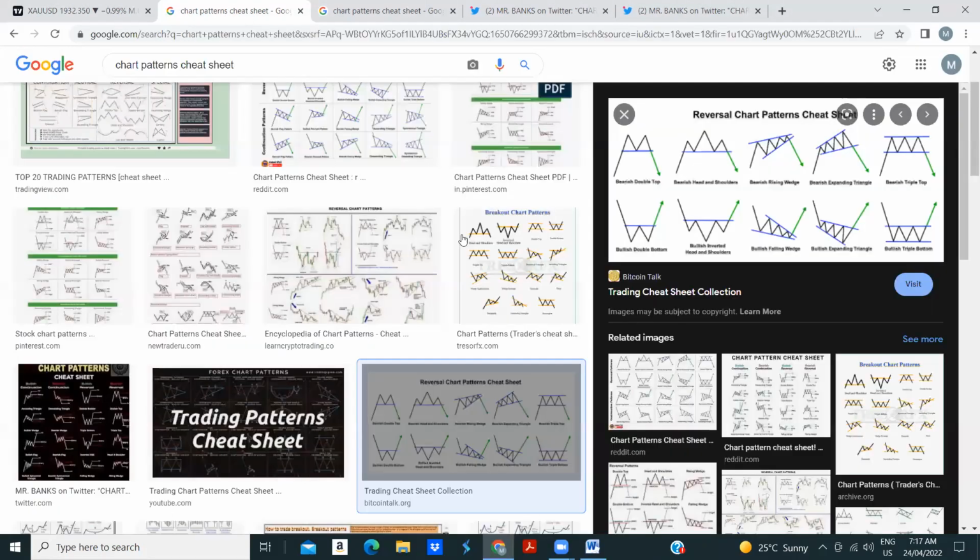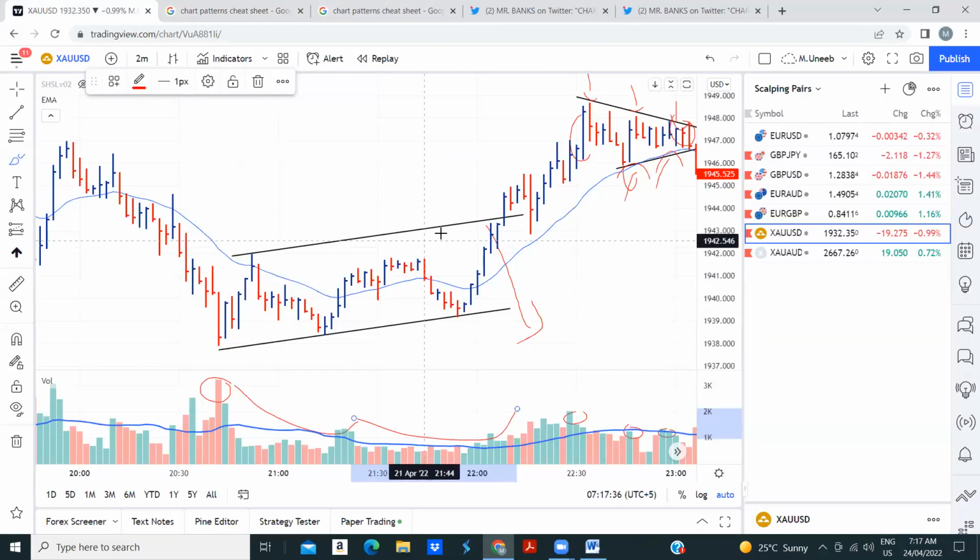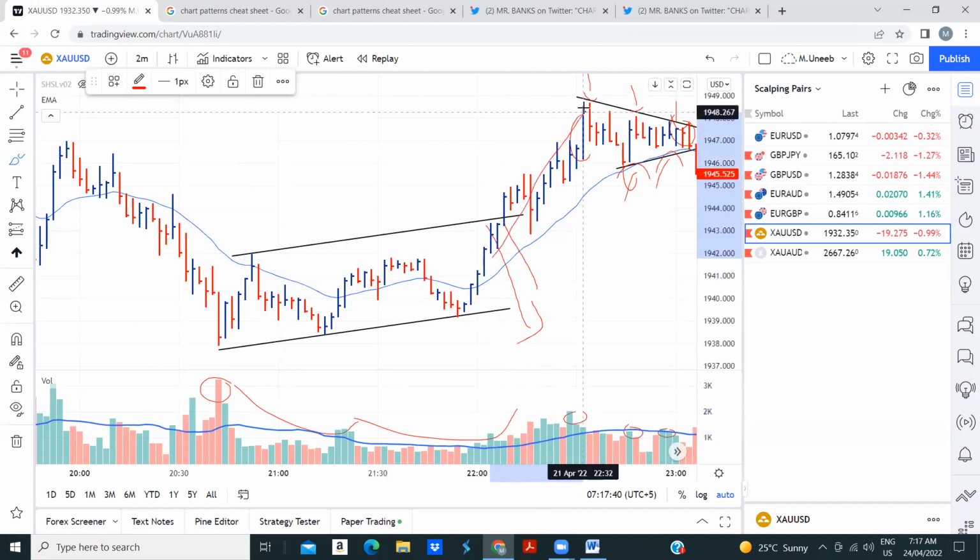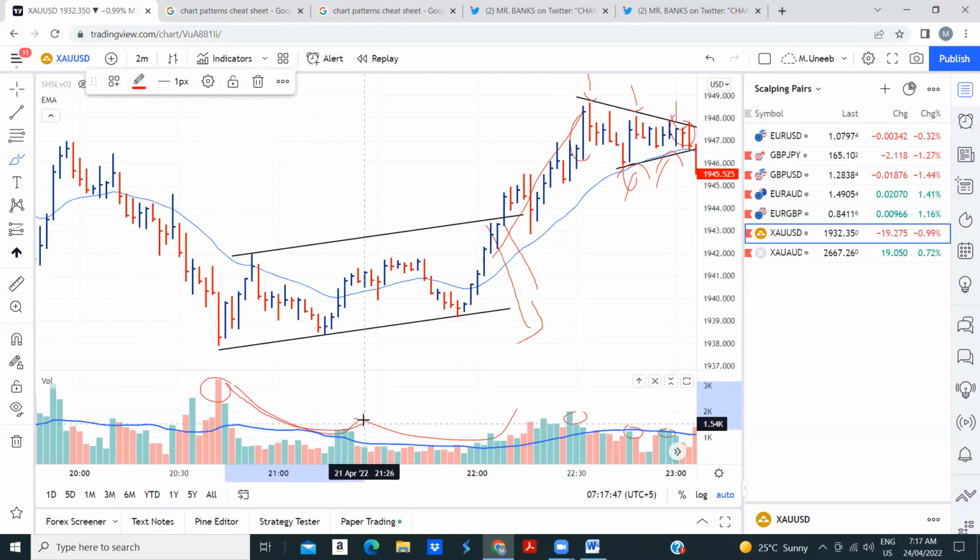So many people will see the chart patterns. They will say, okay, this is a chart pattern here, this one should go up. But exactly what happened? We were expecting the price to reverse, but the price continued to go up. Why? Because we are seeing an accumulation pattern over here.